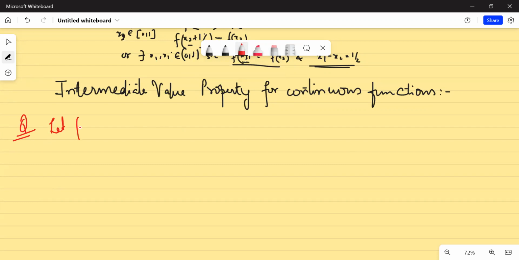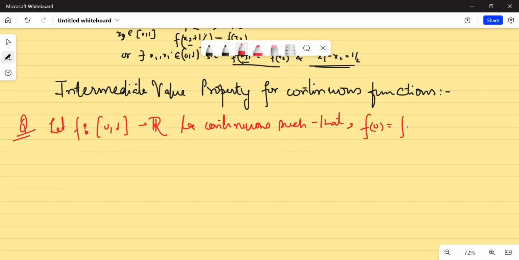Let f be defined from [0, 1] to R. Let f be continuous such that f(0) is equal to f(1).